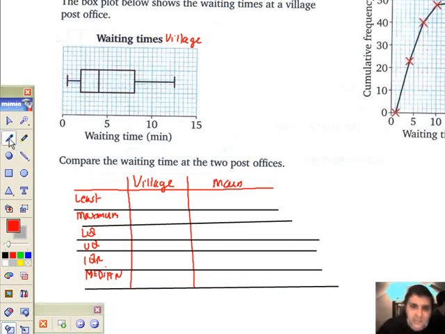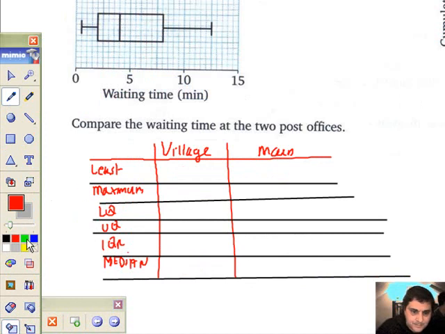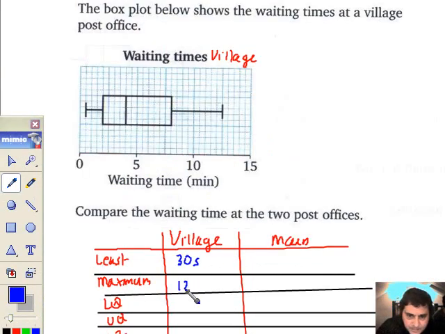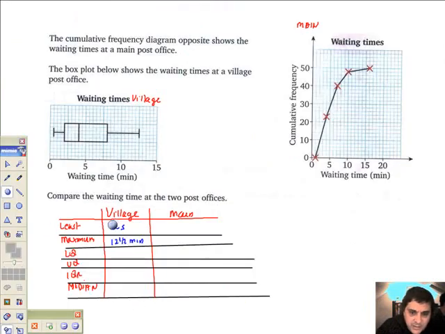Now let's fill up the details for the village. Let's use blue. Village, we've got going up in 2, so that's going to be half a minute, would you believe? So that's going to be a 30-second wait. Longest waiting time is going to be 12.5 minutes. I don't like mixed units, but okay, let's go for half a minute, and then no one's going to complain about it, are they?